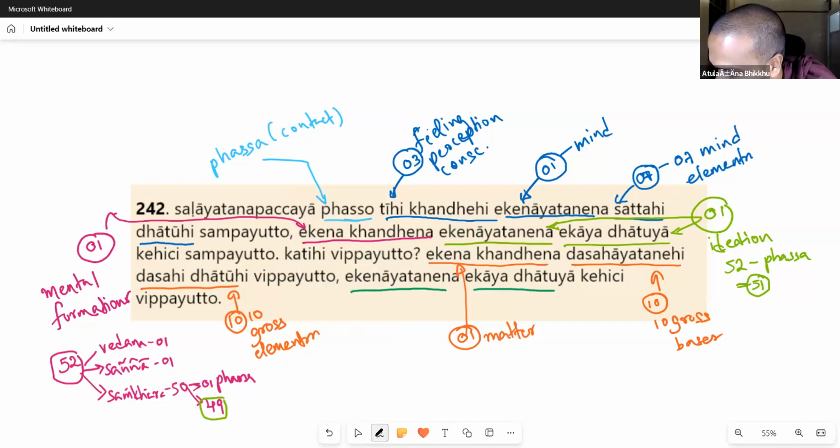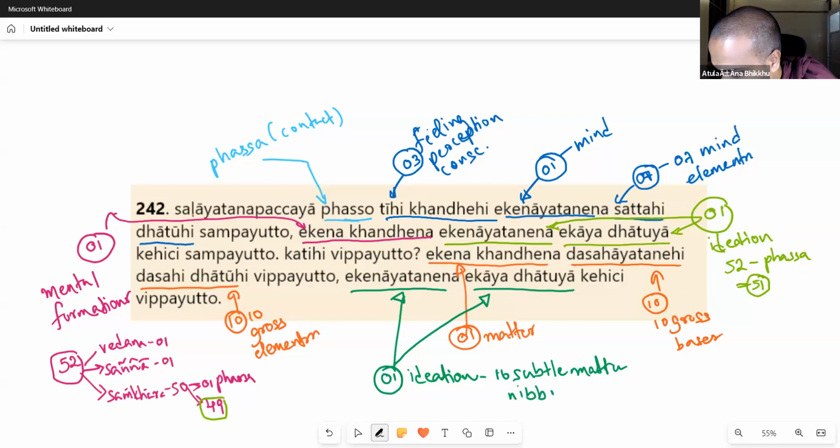Ekena ayatanena ekaya dhatuya kechi vipayutto. It's partially disassociated with one element and one base, which is the ideation element and ideation base. So 16 subtle matter, and then Nibbana. Right? So that's how you get the answer for this one.